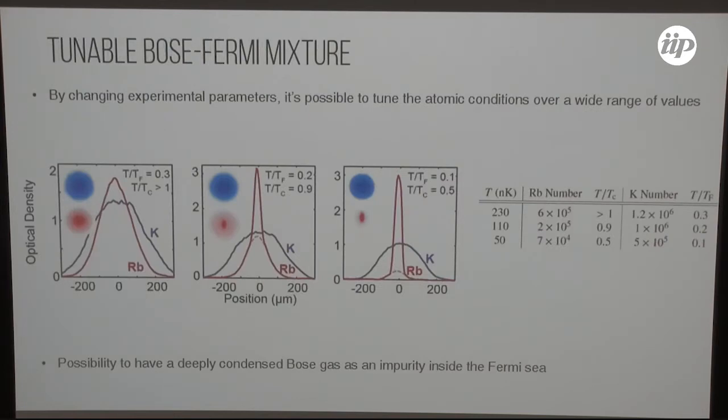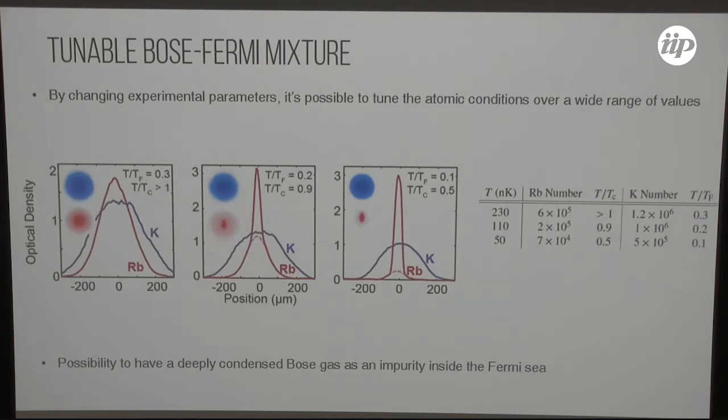Okay, so the starting point, as I was saying, is the atomic side, and we can typically produce very different mixtures, in particular at very different degrees of degeneracy. This was the condition that I showed before, where we end up with about 1 million atoms of each species above 200 nanokelvin.